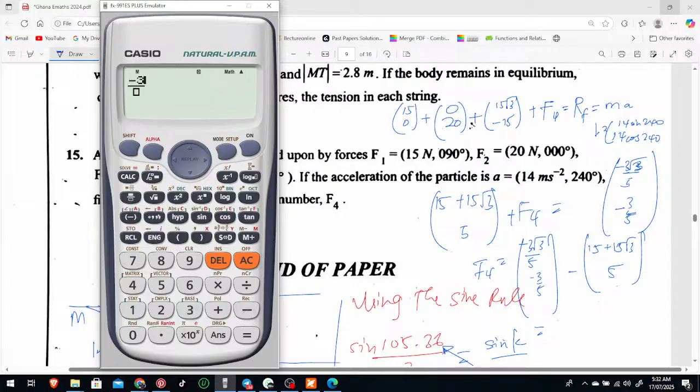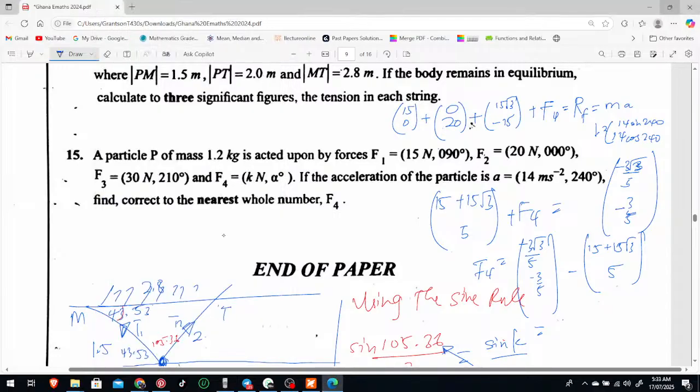Negative 3 root 3 over 5 minus bracket 15 plus 15 root 3. So when you do it this way, on the calculator you get a correct decimal: negative 42.01. So negative 42.01.